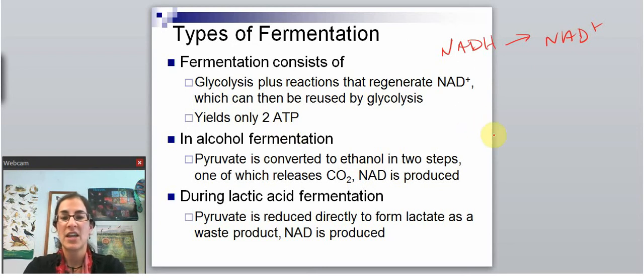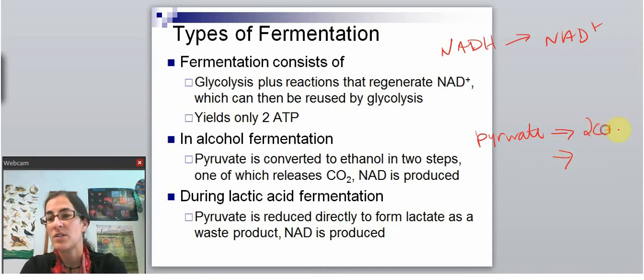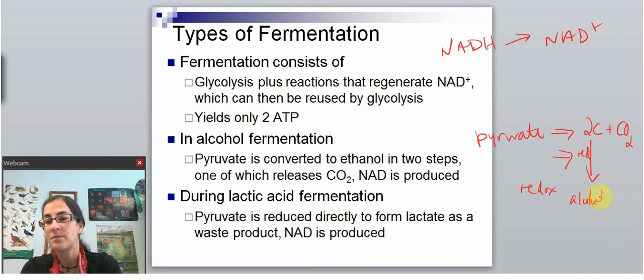In alcohol fermentation, the pyruvate that's made at the end of glycolysis is going to go through 2 reactions. One that produces 2 carbons and a CO2. So it's going to release CO2 just like cellular respiration, but it's not. It's fermentation, okay? And people get confused there. So it'll first release a CO2, and then there'll be a redox reaction where this molecule is reduced to alcohol or ethanol.